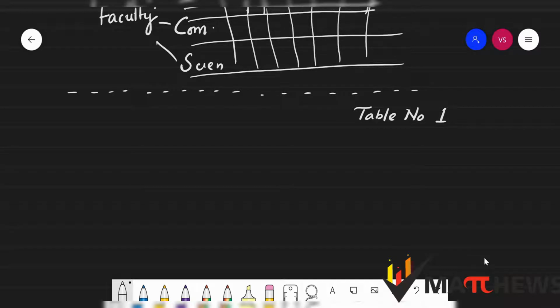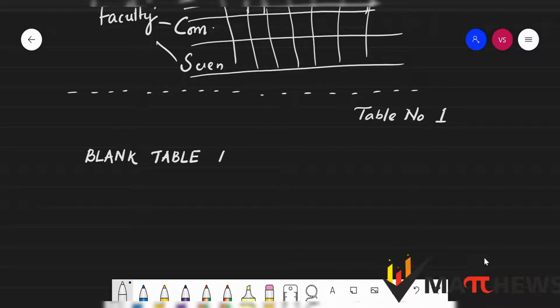The title, for me, I will write as blank table. It should be written in capital letters. Understand? This is how we need to do it.